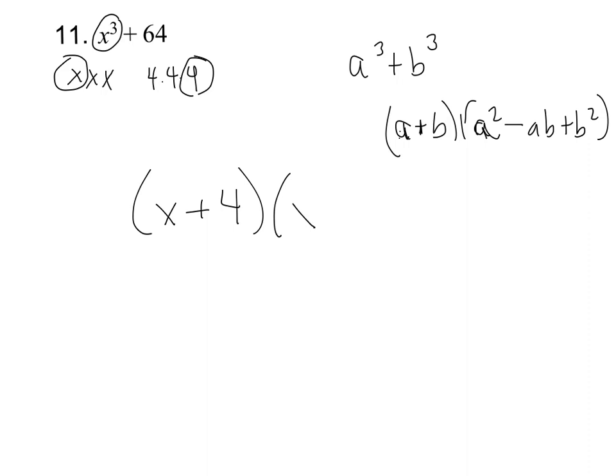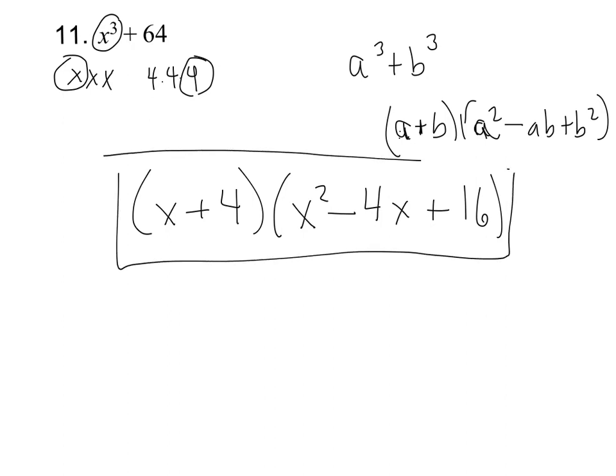A squared, which is x squared, minus ab, so that's x times 4, or I will say 4x, plus b squared, which is 4 squared, which is 16. And that is the factorization. Never worry about this last guy, it will not factor in the real numbers. So that's it, a quick review for your quiz.